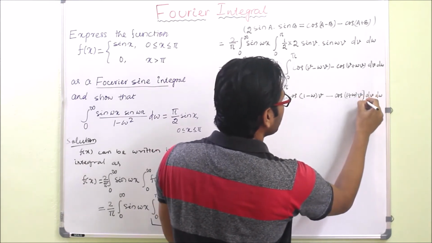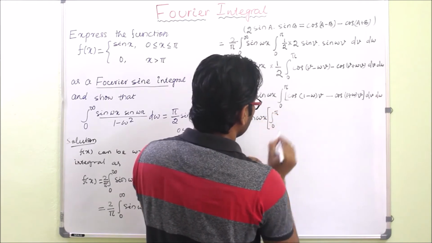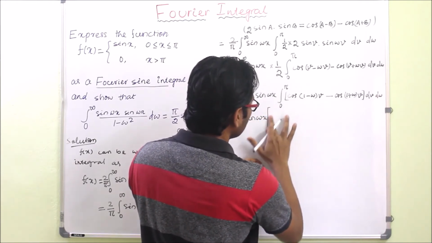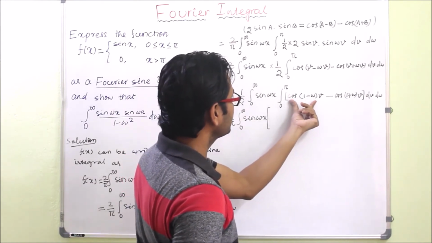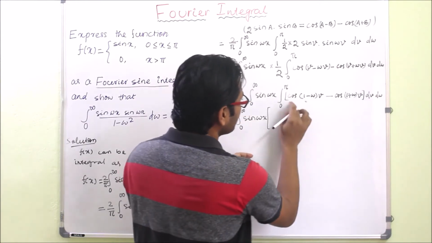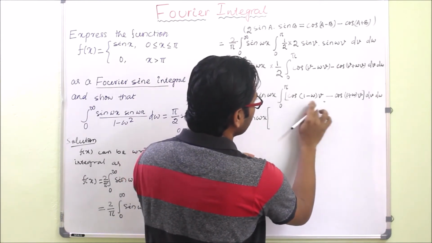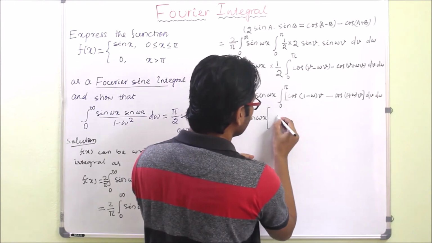So what we will do here? We will solve this one. Now if we solve this one, this will be the first integral, second integral, so we have to solve. So integration of cos theta is sin theta, so that formula we have to use.